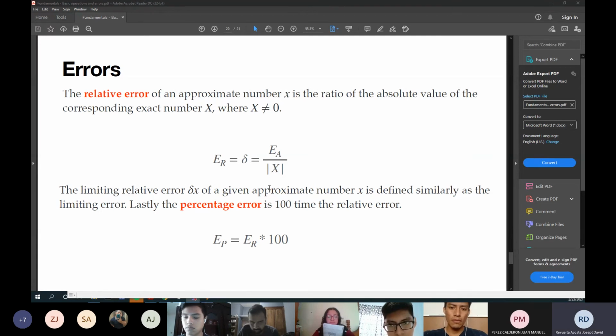Era 0.05. Si lo multiplico por 100, me da un 5%. Entonces, tengo un error de 5%. Si lo multiplico por el error que teníamos del seno de 0.0022 por 100, tengo un error del 0.02%, un error bastante bajo. Pero eso sería básicamente lo que definimos como percentage error. Okay?